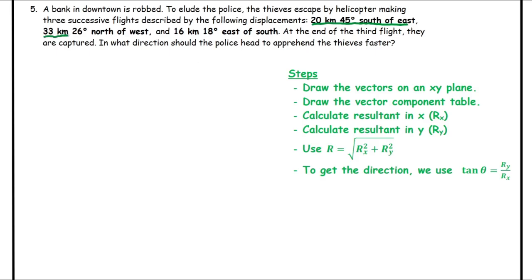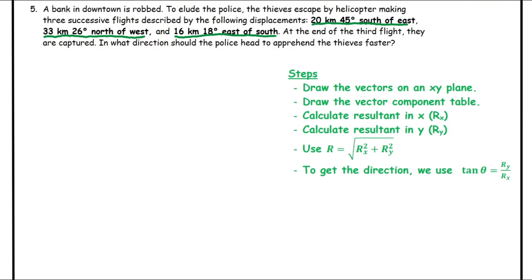Second, 33 kilometers 26 degrees north of west. And the final one, 16 kilometers 18 degrees east of south. At the end of the third flight, they are captured. In what direction should the police head to apprehend the thieves faster?